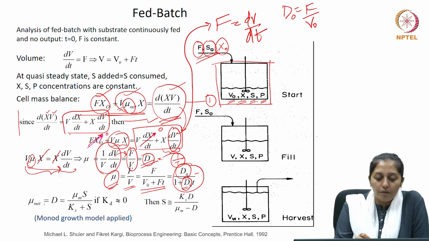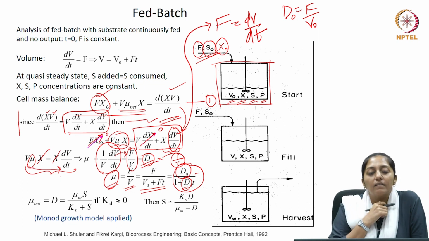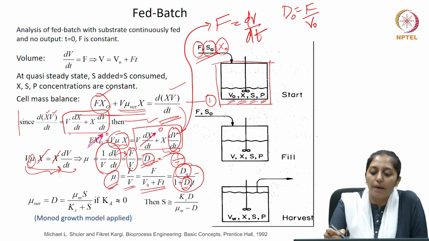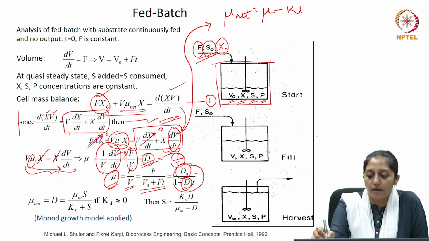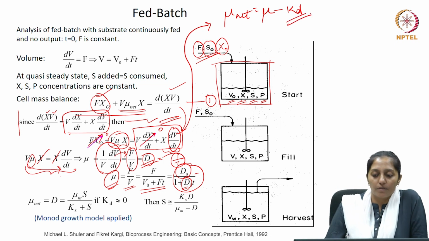Now, if you remember this equation, equation 1, I will just clear it. It was written here mu net. Mu net is given in case the culture is undergoing endogenous metabolism. So if you remember, during the batch process, mu net was equal to mu minus Kd, where Kd stands for the rate constant for the endogenous metabolism.